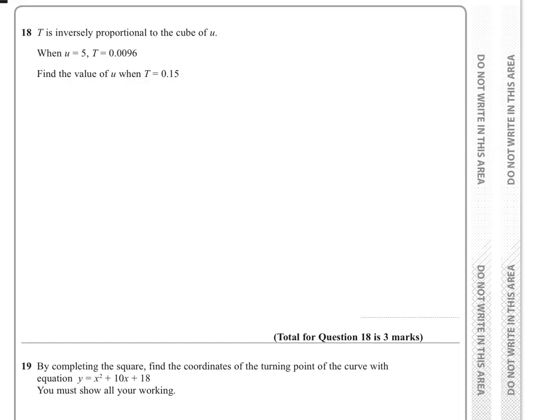Question 18. It says here that T is inversely proportional to the cube of u. So that means t would be inversely proportional, i.e. 1 over u cubed. So for some value of k, we would have the formula t equals k lots of 1 over u cubed, which can be written like that.